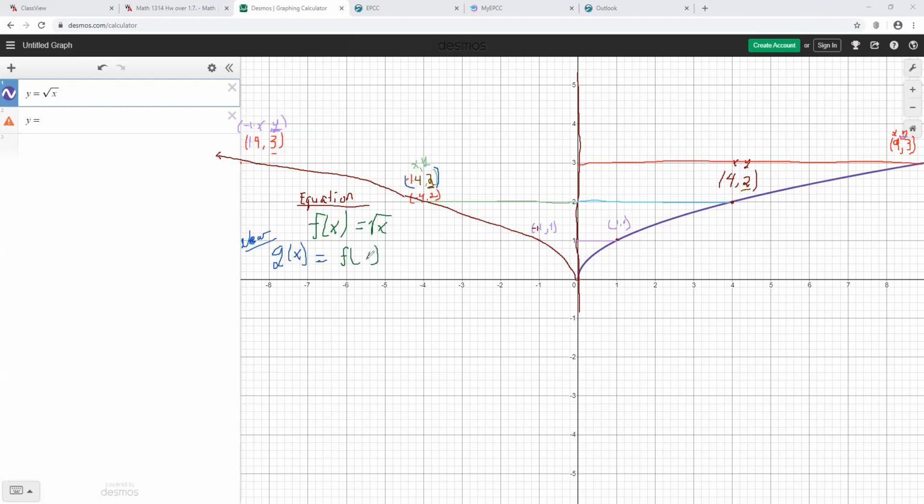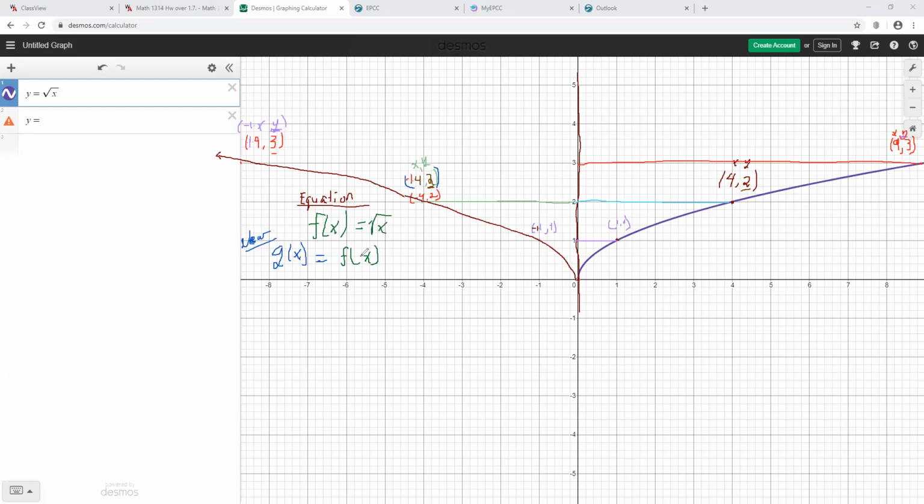Well, we did something to the function, and we're not adding or subtracting inside next to the x. That's a horizontal translation. It's not addition or subtraction outside of the function; that would be a vertical translation. It's not multiplying inside the x by a number.